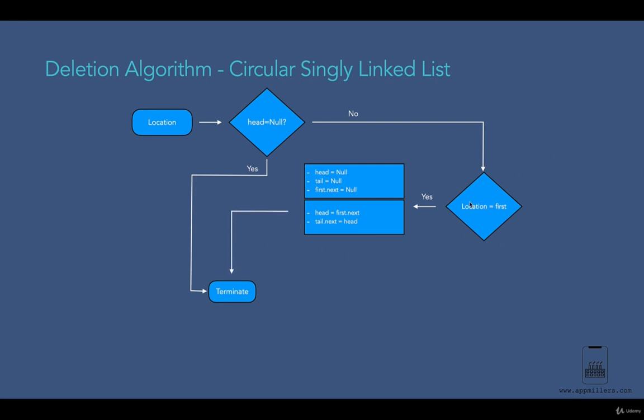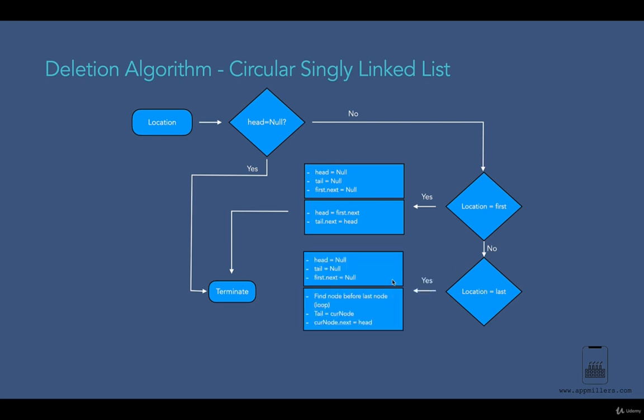The next step is we are checking the location parameter one more time. If the location parameter is not equal to first, then we check whether it is equal to last. If it is equal to last, this means that we want to delete a node from the end of CircularSinglyLinkedList. Here also we have two cases. The first case is we have only one node, and the second case is we have more than one node.